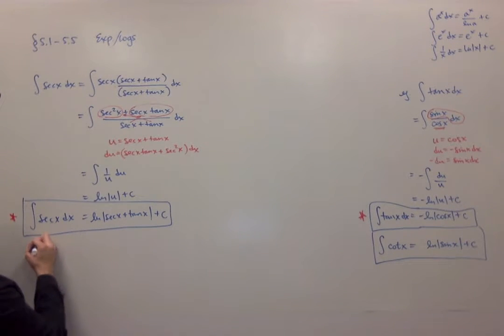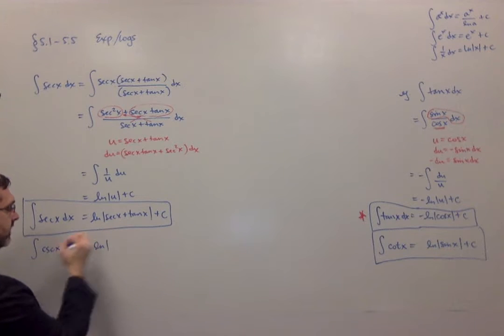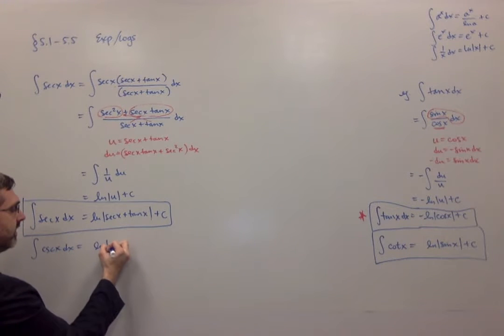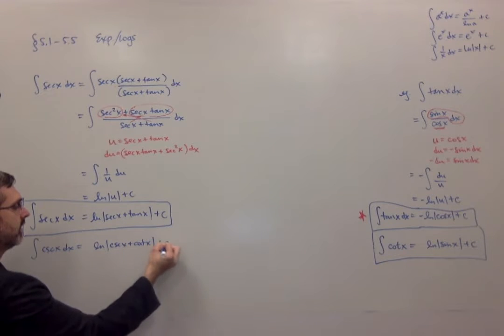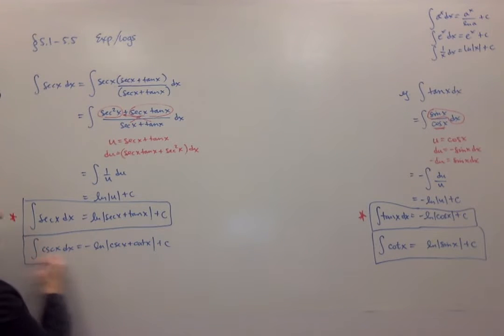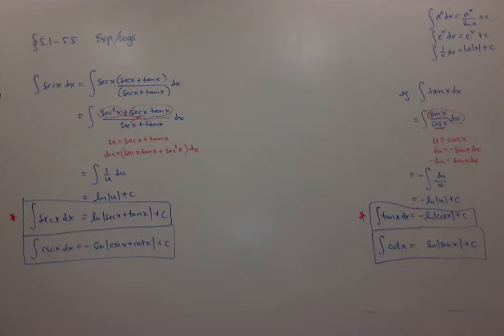I'm not joking here. And then the other ones you can actually get by just changing the signs. The antiderivative of cosecant is natural log of cosecant plus cotangent, except there's a minus sign here. So they kind of make sense, just like the derivatives of secant and cosecant were related, the derivatives of tangent and cotangent are related.